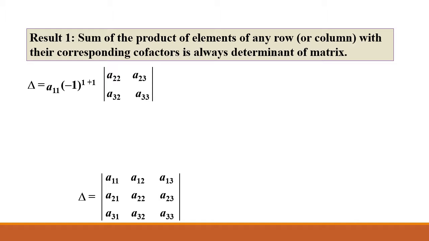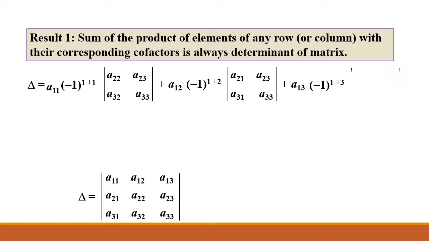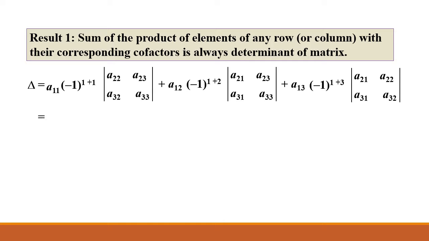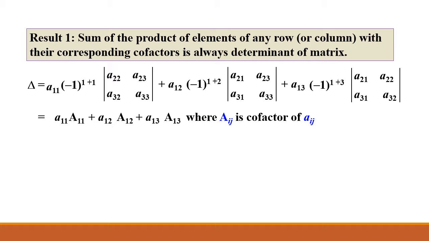So we are multiplying the first element with its cofactor. Similarly, second element into its cofactor, and third element into its cofactor. Now on simplifying, we get a11 into capital A11 plus a12 into A12 plus a13 into capital A13. So delta is equal to the sum of the product of elements and their cofactors.